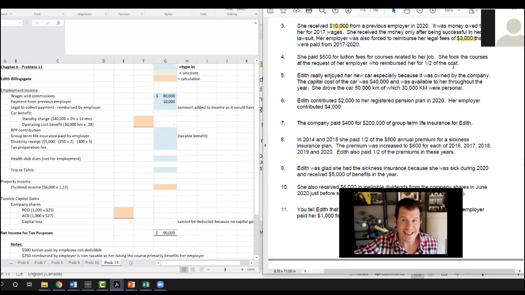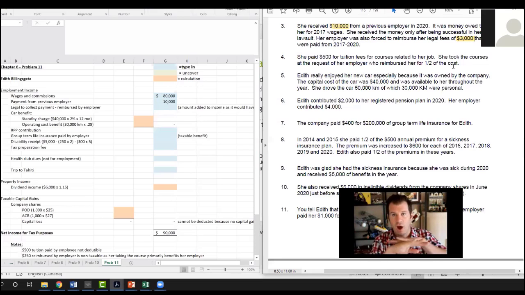Now she gets $3,000 to cover her legal fees. That is not non-taxable income. There are very few forms of non-taxable income. Because she was able to deduct $3,000, she is now going to include $3,000. That will bump her income back up by $3,000. So over the years, she deducted $3,000 and now she's going to include $3,000.